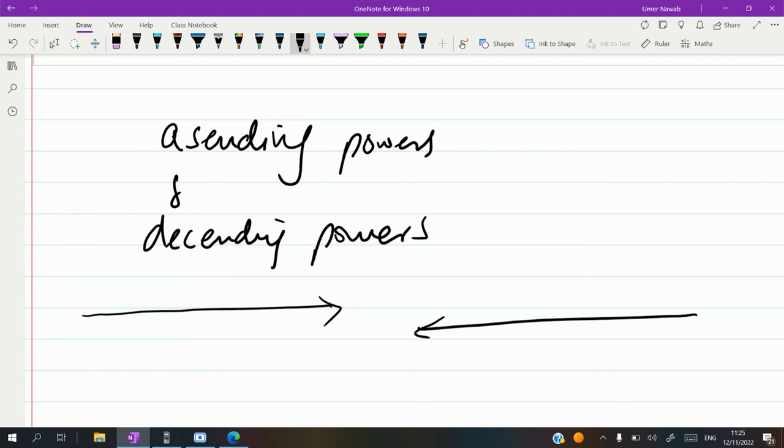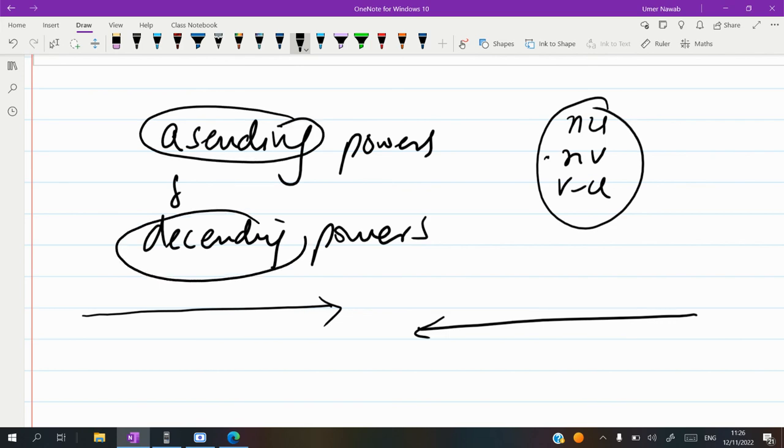So I think it's better, guys, when you are using n and nu, nv, and v minus u technique, write all the powers and check where the powers are growing or where the powers are descending. So this will be very, very helpful to you. Rather than writing the complete terms in the expansion, you have to write all powers of x and keep your eye on ascending and descending. Then inshallah no worries will happen.